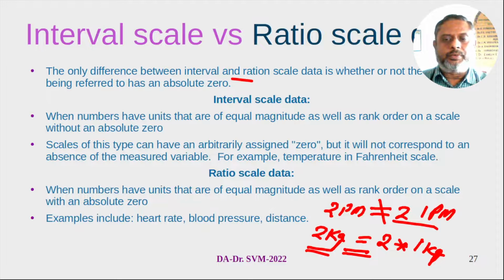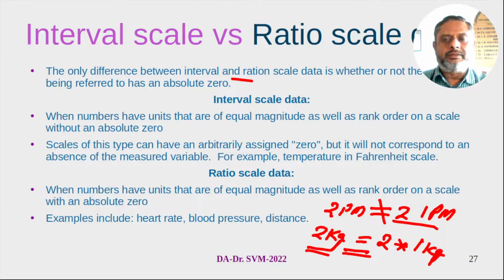But yes, plus and minus operations are allowed. That is, 1 hour after 1 p.m. is 2 p.m.: 1 p.m. plus 1 hour is 2 p.m. 1 hour before 2 p.m. is 1 p.m.: 2 p.m. minus 1 hour is 1 p.m. So yes, plus minus are allowed in this. Here also they are allowed, and along with that multiplication and division are also allowed.